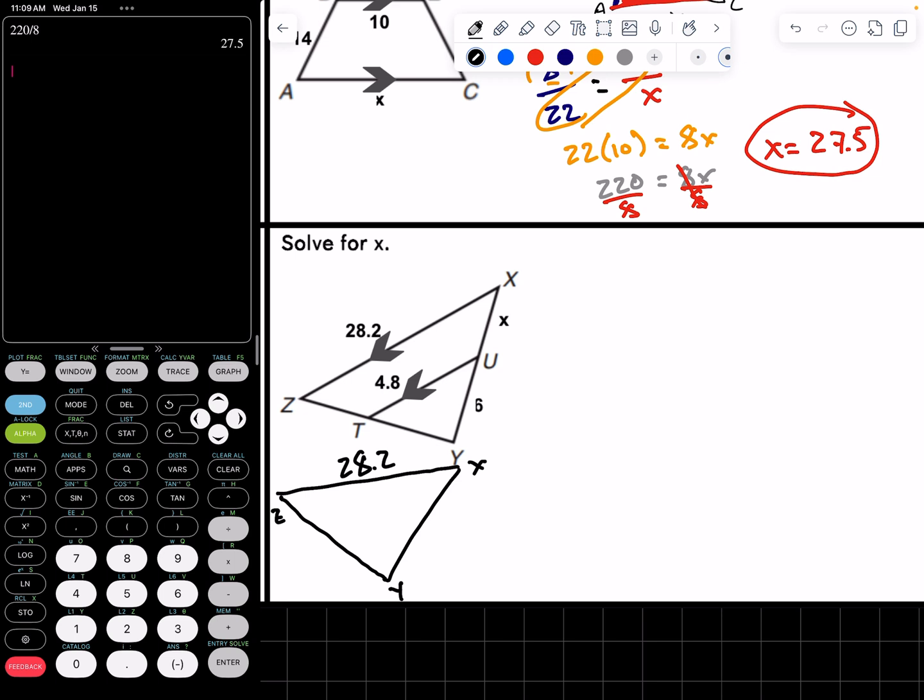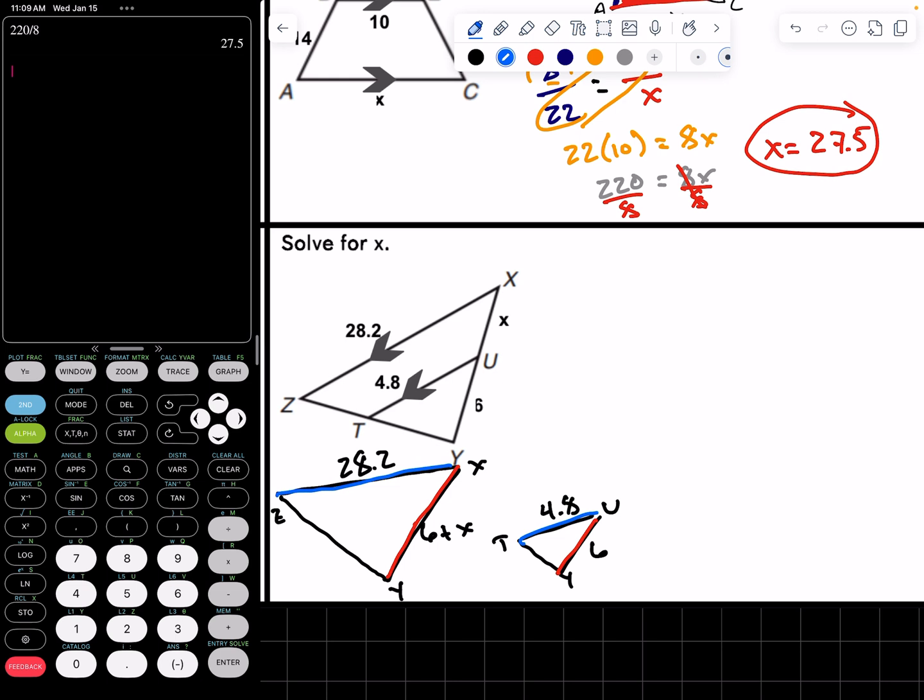This side's going to actually be 6 plus x. We also have a smaller triangle, TYU, that has 6 and 4.8. So now we compare. We'll make this our blue side. We'll make this side over here our red side.